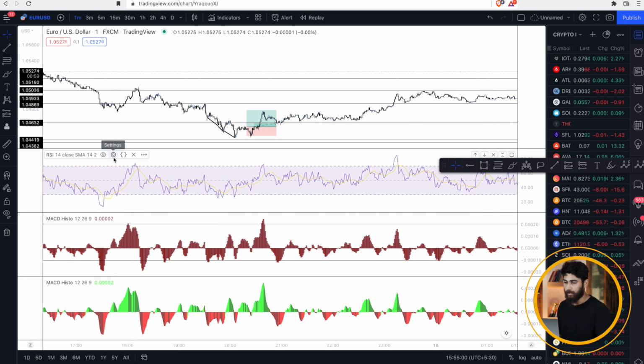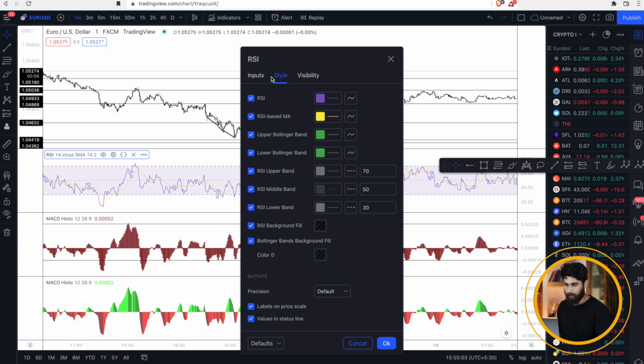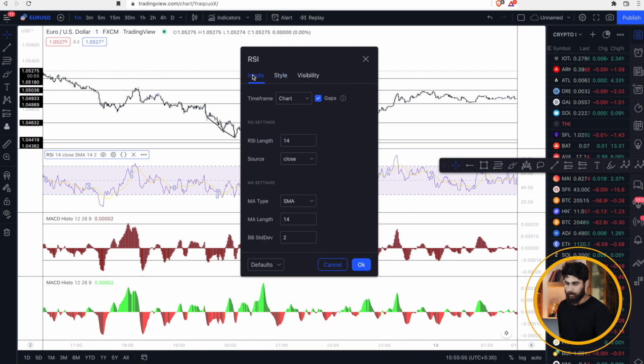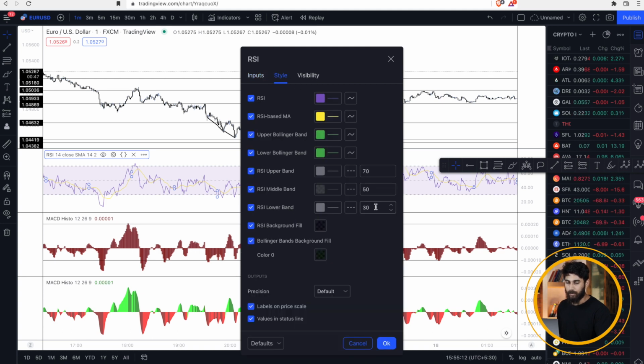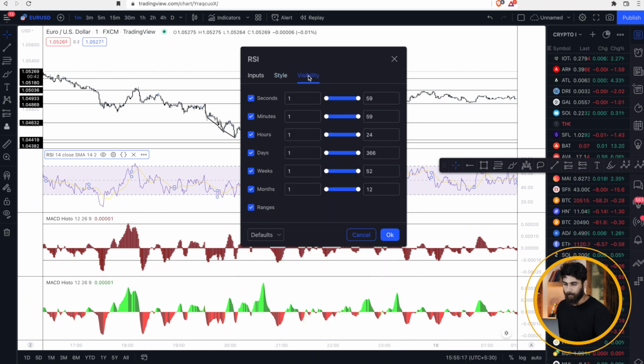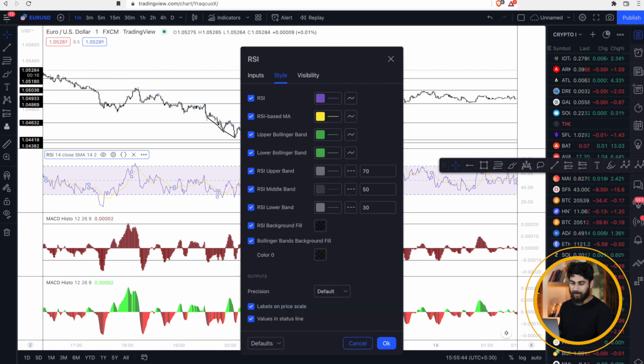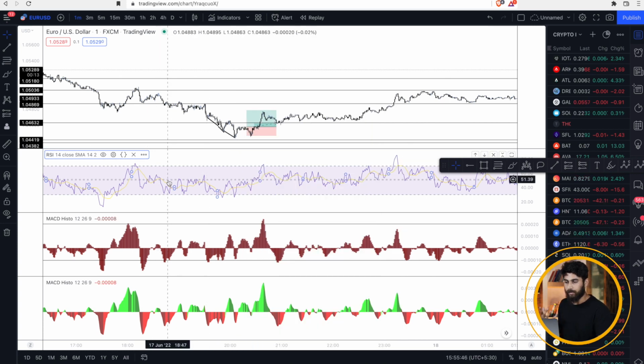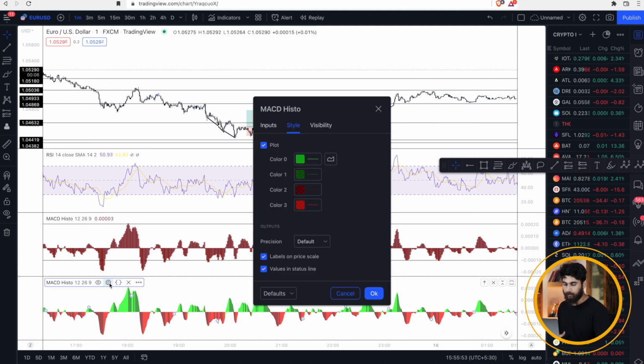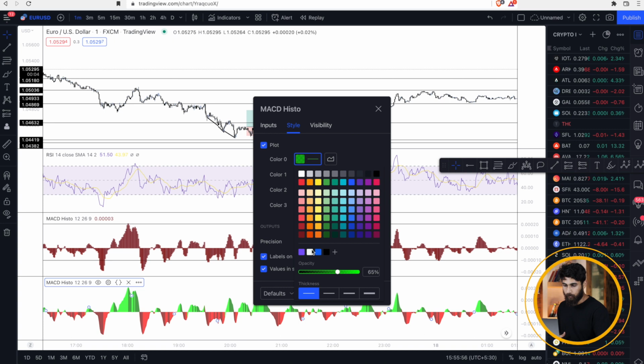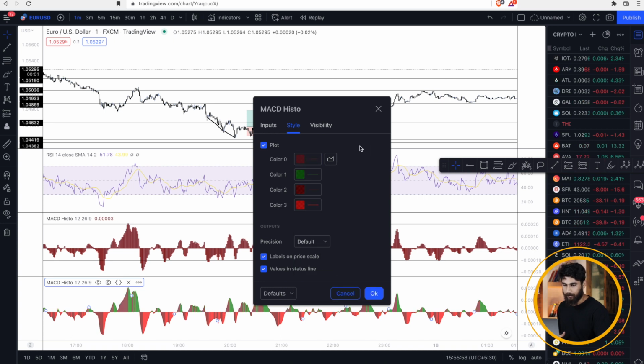The settings of RSI will be like this. In the input section, the RSI length will be 14, and in the style section 70, 50 and 30. Now go on visibility. After you have done the settings, just click on OK and your RSI will be adjusted. The next thing is to adjust the MACD histogram. So go to settings and then over here choose a single color, that is red.